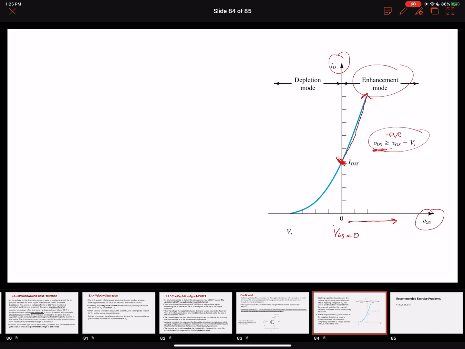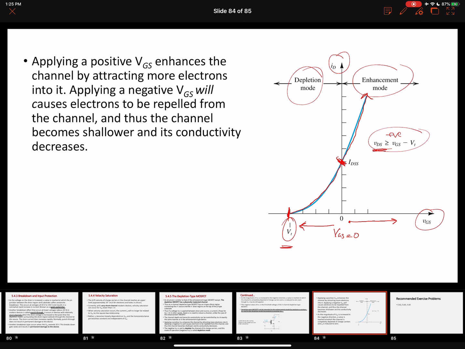As we decrease the value of VGS, the electrons will be repelled, the conductivity will decrease, the depth of the channel will decrease, and the drain current will decrease. A time will come when the drain current will be equal to 0. That is known as the threshold voltage, and this mode of operation is known as depletion mode.